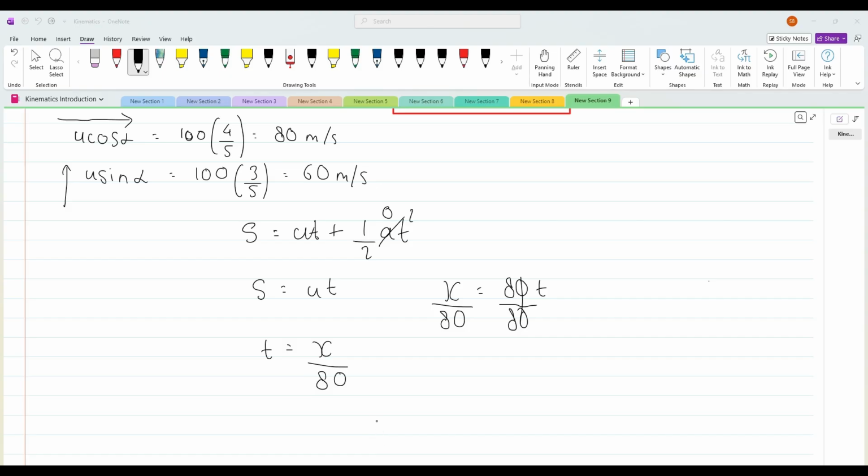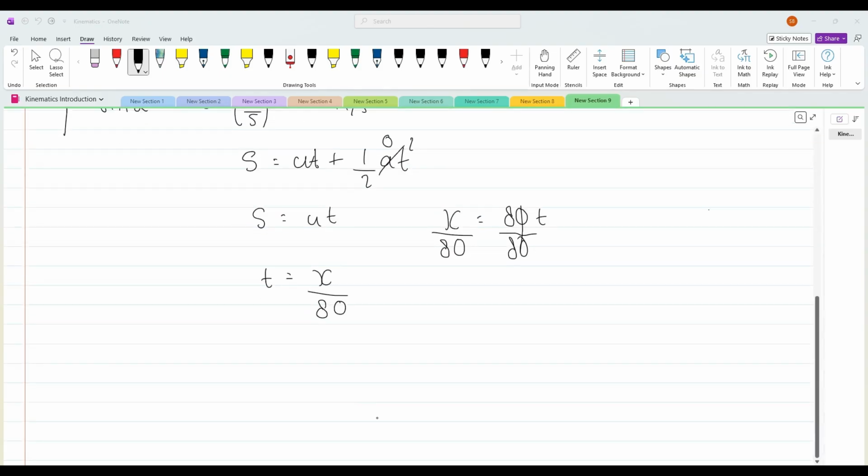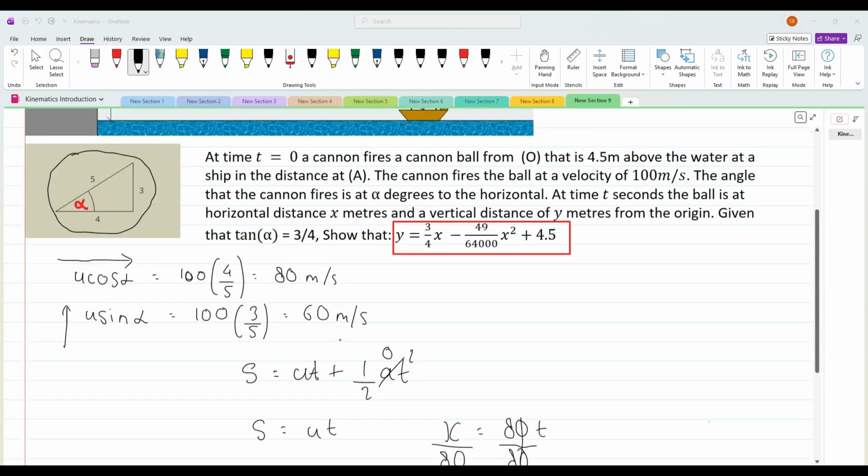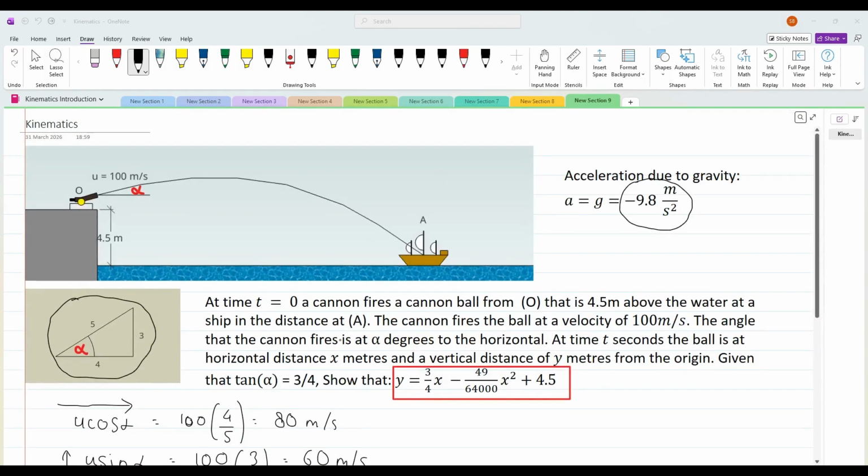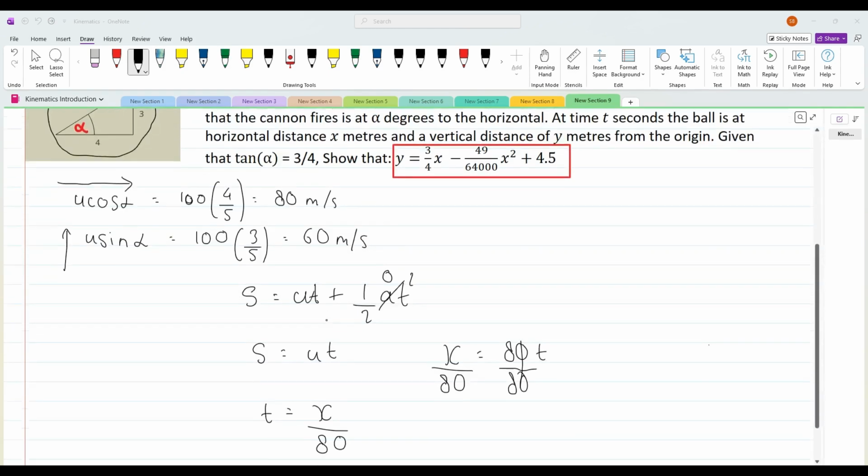Now, moving on to the vertical component of the problem. We have S equals ut plus half at squared. We see in the diagram that the cannon is 4.5 meters above the ground, above the water, sorry.